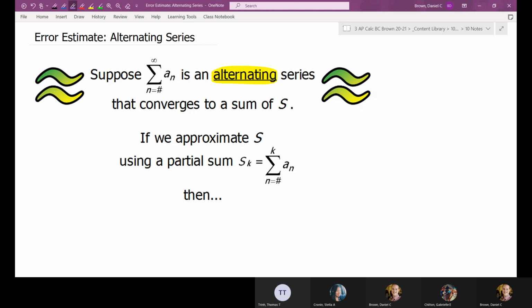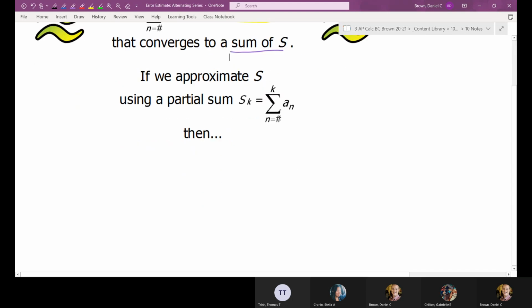So what that theorem states is, suppose the series of a sub n is an alternating series, and it converges to a sum of s. That's going to be the exact sum of it. We don't really have a way to find the exact sum, but we're saying that is the exact sum. If we approximate using a partial sum, s of k, so instead of an infinity sign at the top, we're just stopping at a certain value, then this following statement is going to be true.